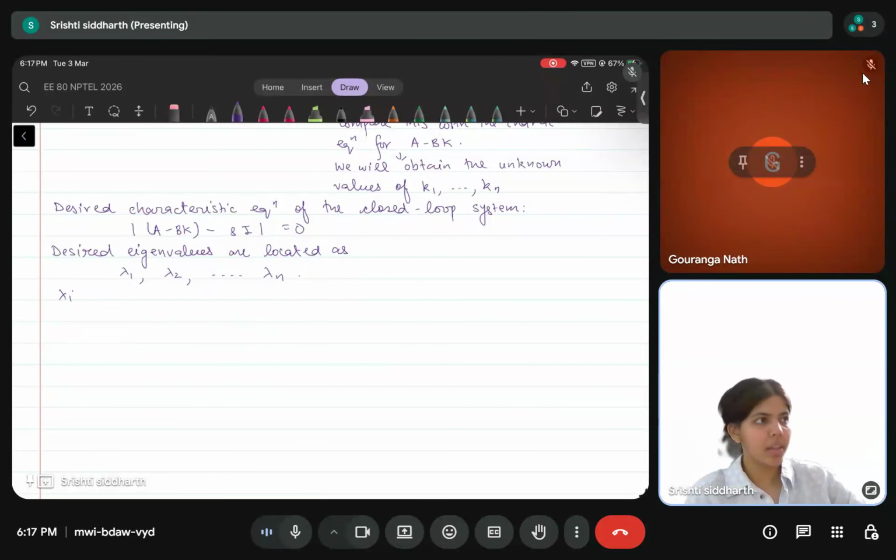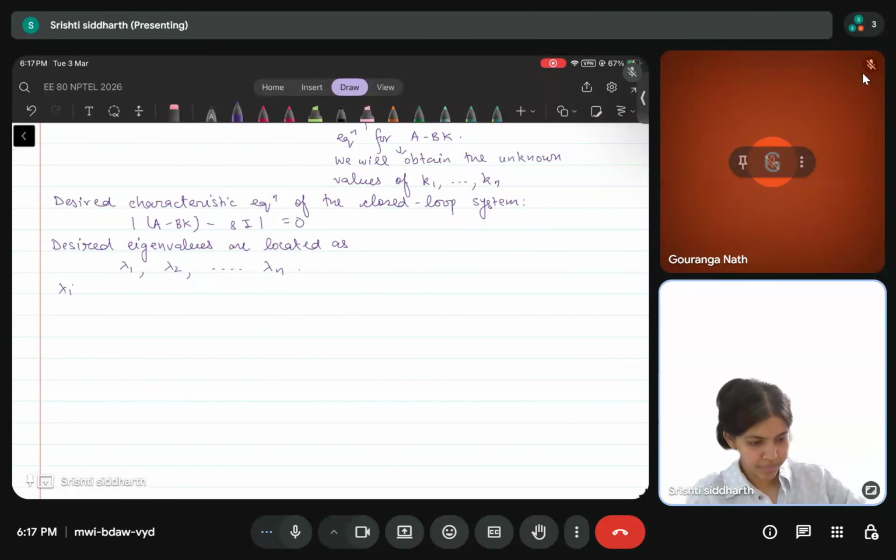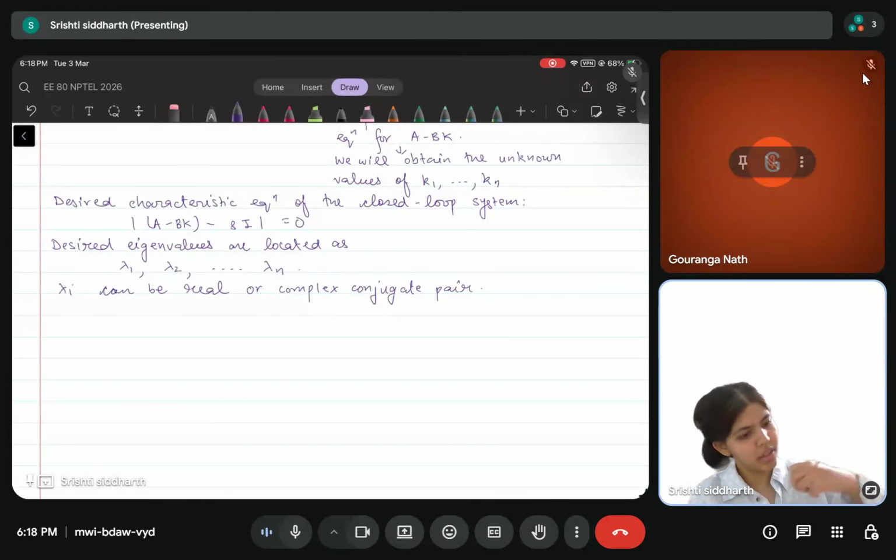Lambda i can be real or a complex conjugate pair. So the desired characteristic equation is going to be (s minus lambda 1)(s minus lambda 2) and so on.